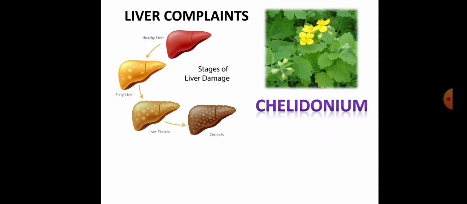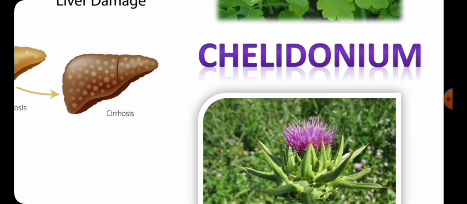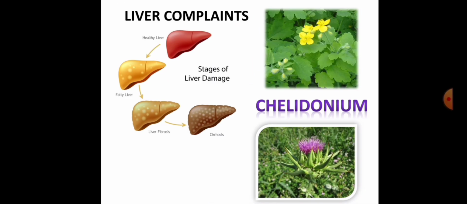Chelidonium mother tincture we use for liver complaints. And one more plant, where the flowers and leaves look something like this, is called Carduus marianus. So two mother tinctures, Chelidonium and Carduus marianus mother tincture, are used for liver complaints.